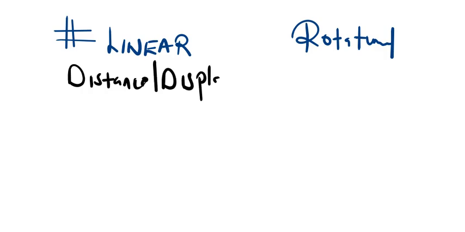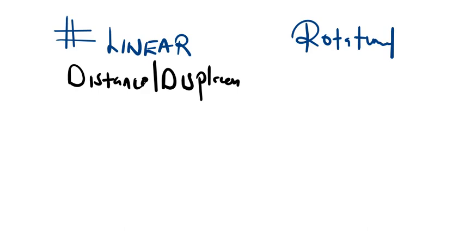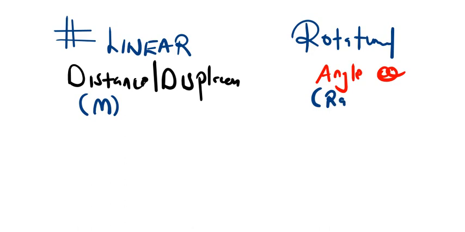When you come to rotational motion, because you are orbiting around a circular path, this distance is an angle, theta, okay? You used to measure distance in meters; however, you're not going to measure this angle in degrees. You're going to measure it in radians.